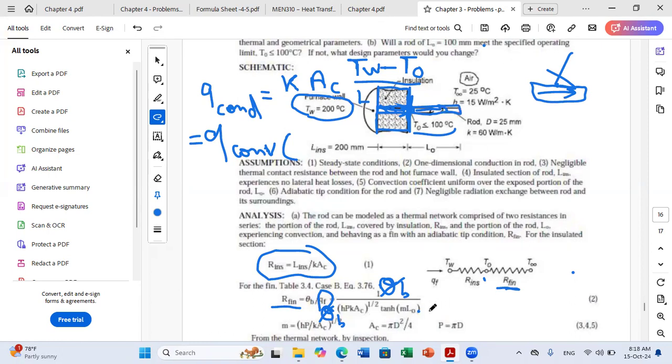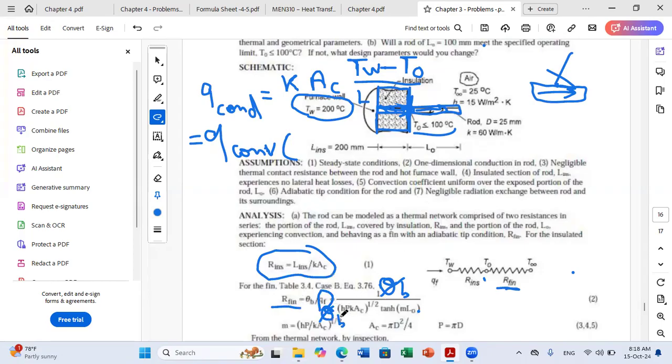Here, this is more accurate because this will give you exactly the expression of Q fin, not considering any correction, because this formula is the solution whenever you don't have insulation at the tip of your fin. So since you have the exact solution, you can use it. If you simplify theta_b, you can calculate the resistance of the fin.